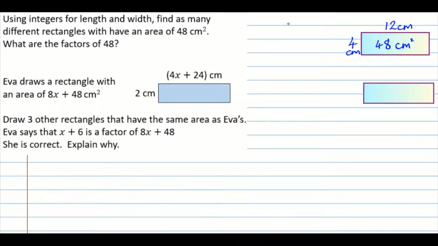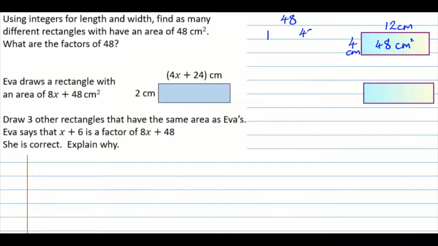Now, the different rectangles would be all the different possible pairs of factors that multiply to make 48. If you try writing it as a list to make sure that you cover all of them, a good idea is just to start with 1.